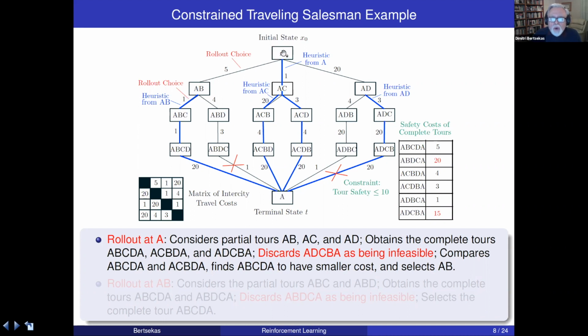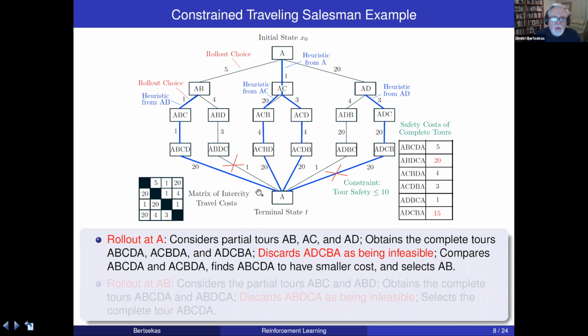So we move from A to AB. That's what this bullet says. We start at A, consider the three possible choices, and by using the base heuristic, we obtain these tours here: A, B, C, D, A; A, C, B, D, A; and A, D, C, B, A. Discard this one as being infeasible.